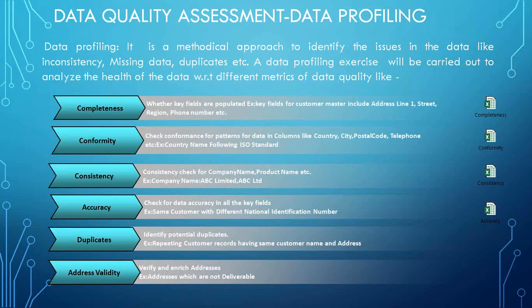I'm not bothered what data is present in the column. I'm just trying to understand if data is there or not. It's as simple as that. Is it correct or bad or good, I'm not bothered. In this particular dimension, I'm just bothered if the data is null or not.